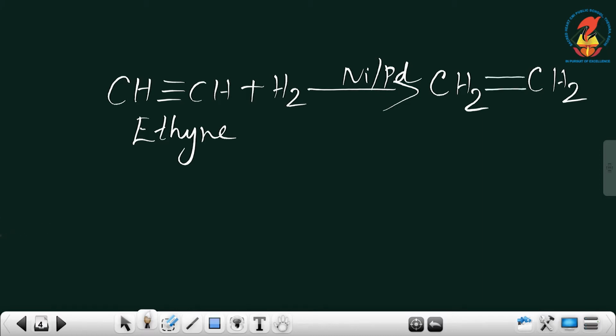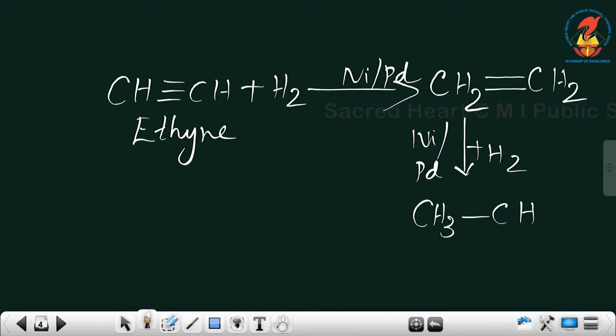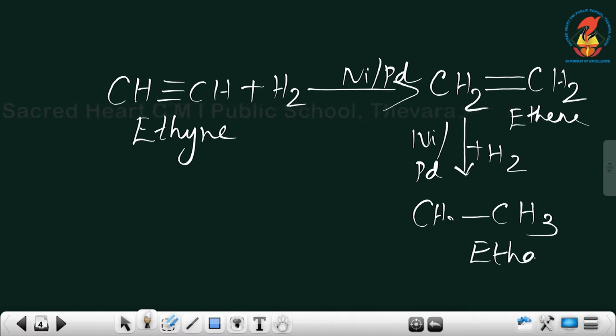So, what happens to the bond? It becomes double bond. Again, a molecule of hydrogen is added in presence of nickel or palladium. What happens? CH3, single bond CH3. So, ethyne first changes to ethene, one more hydrogen is added, it changes to ethane.